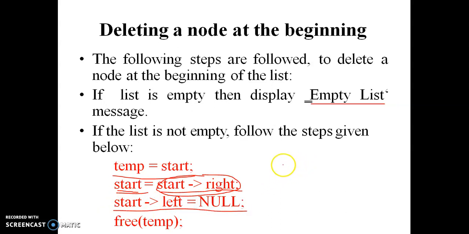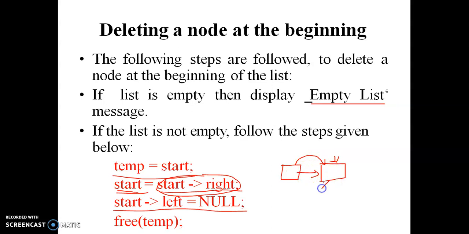Say for example, this is the starting node, and the starting node's next node is our required new starting node. So we go from the starting node to the next node using the right pointer.